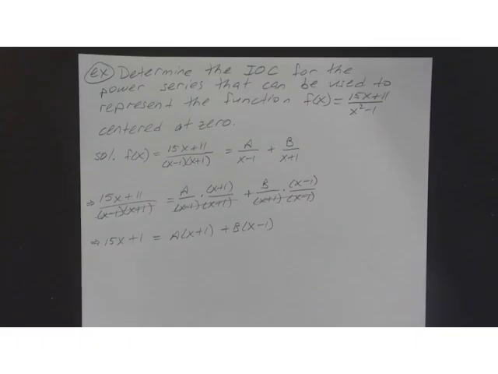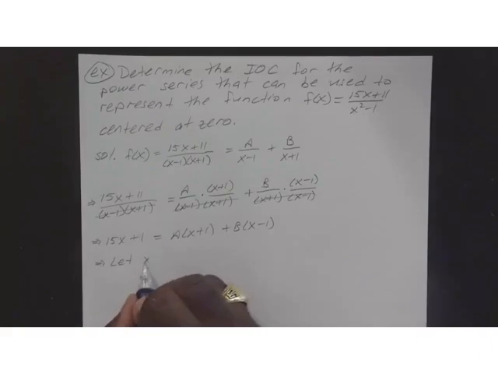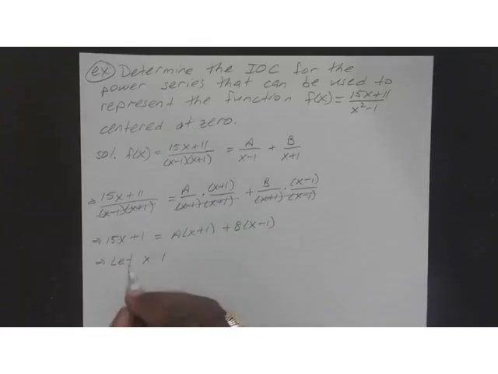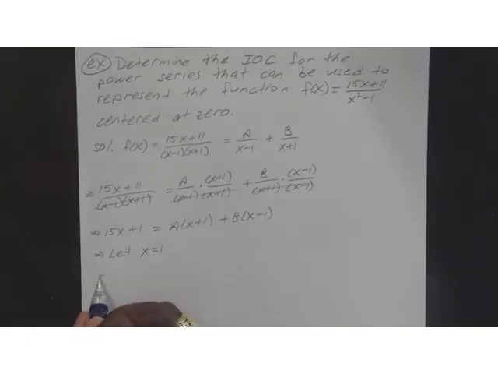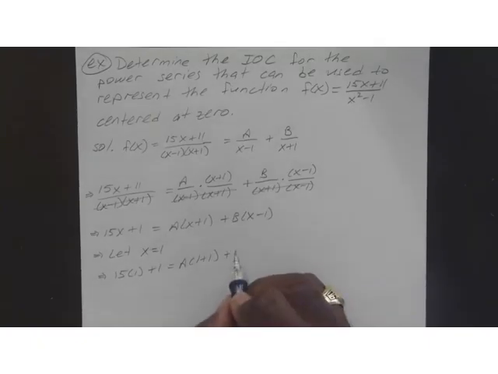So once again, we're going to use strategic substitution. First, we're going to let x equal 1. So we have 15 times 1 plus 11 is equal to a times 1 plus 1 plus b times 1 minus 1, where that 1 minus 1 is 0.